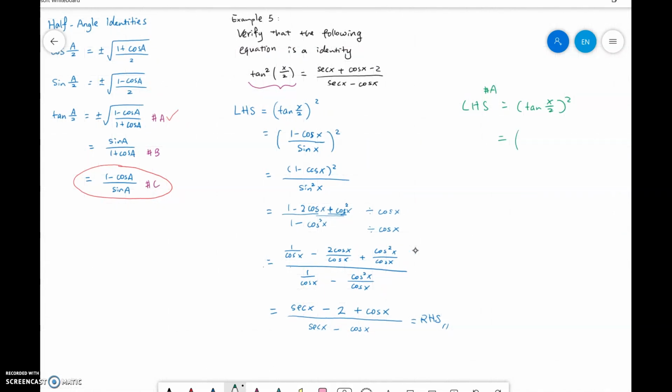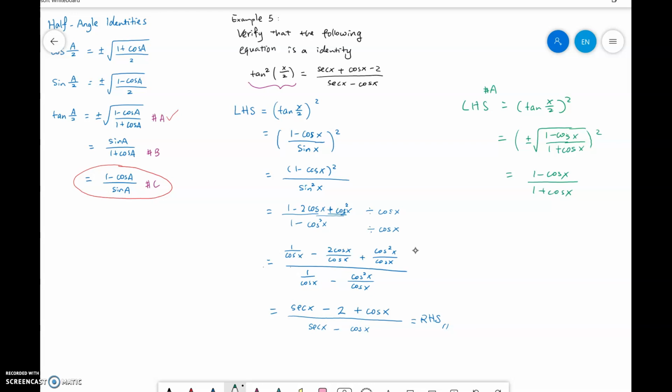Then I will end up with tangent of x over 2 equals positive or negative square root of 1 minus cosine of x over 1 plus cosine of x, quantity squared. Squared means taking care of the square root, so I end up with 1 minus cosine of x over 1 plus cosine of x.